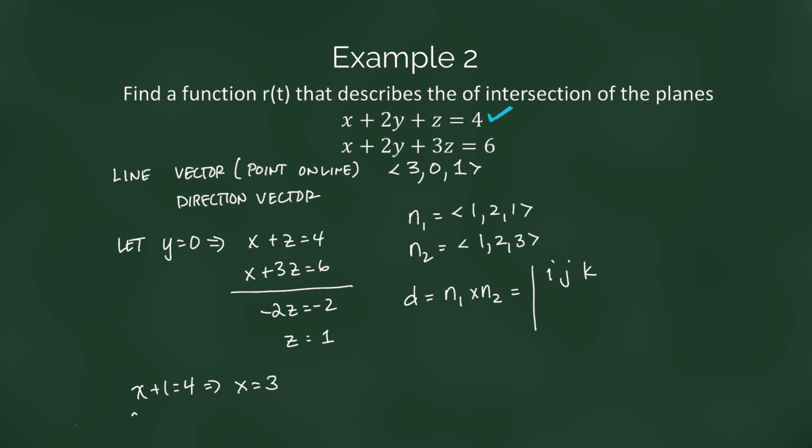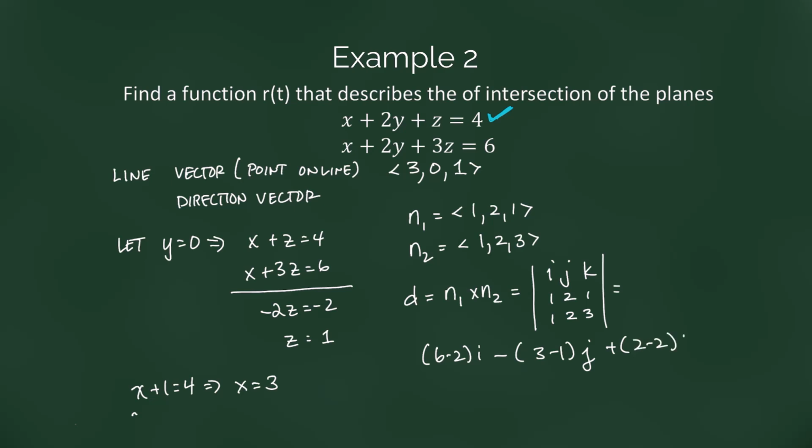So we're going to do 1, 2, 1 cross 1, 2, 3. And when we do that, we get 6 minus 2 i, minus 3 minus 1 j, plus 2 minus 2 k.